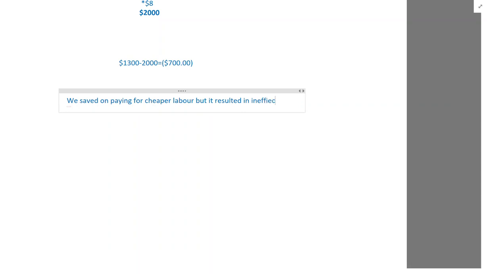So conclusion, we saved on paying for cheaper labor, but it resulted in inefficiency, which resulted in more cost being spent on inefficiency than saved on grade.